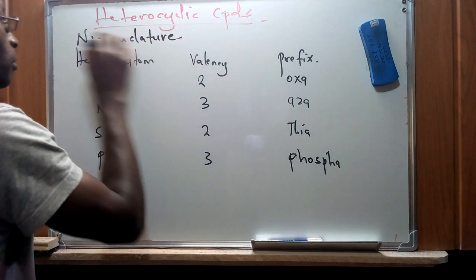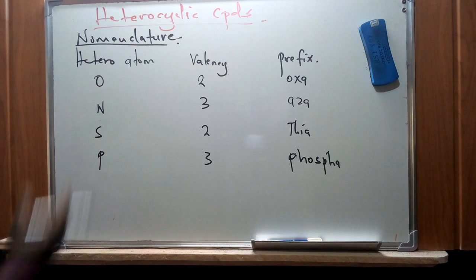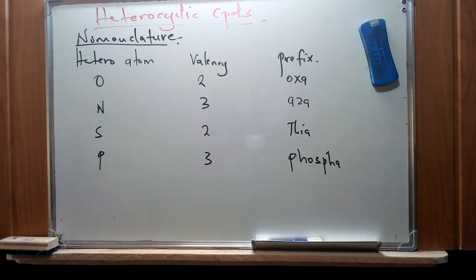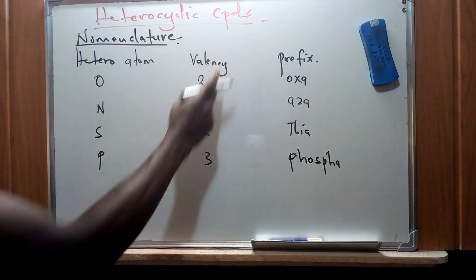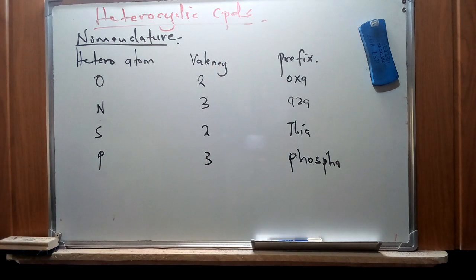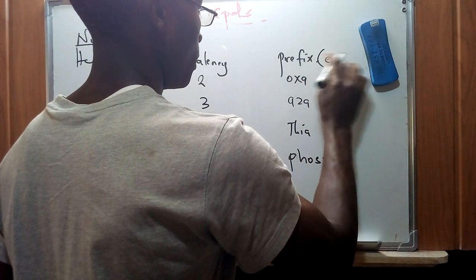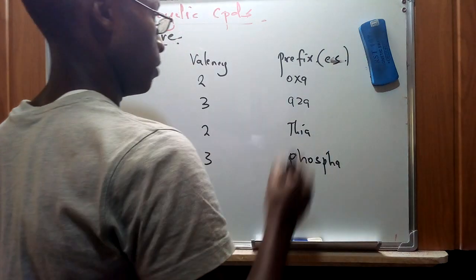We are going to consider the heteroatoms that are present. Of course, we have listed them from the demonstration of the periodic table that I've given, and then we're going to see the respective valency for these heteroatoms and their specific prefixes that are going to be attached to the atoms that we are talking about.